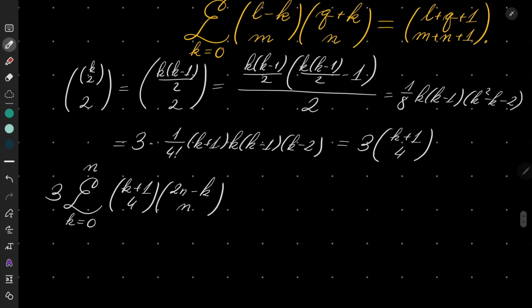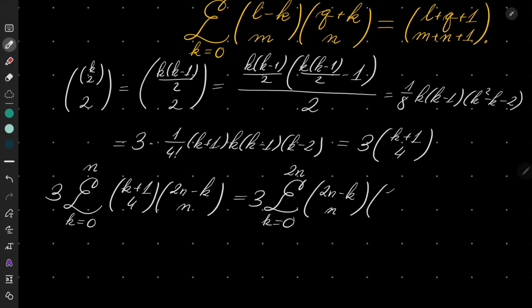Okay, very nice. And maybe one more thing to be noticed. I will write our sum like that. Sum from k equals 0 up to 2n, and I will change the order: 2n minus k choose n, k plus 1 choose 4.